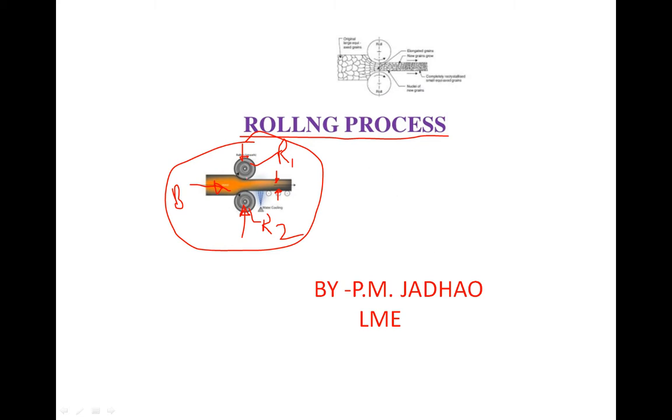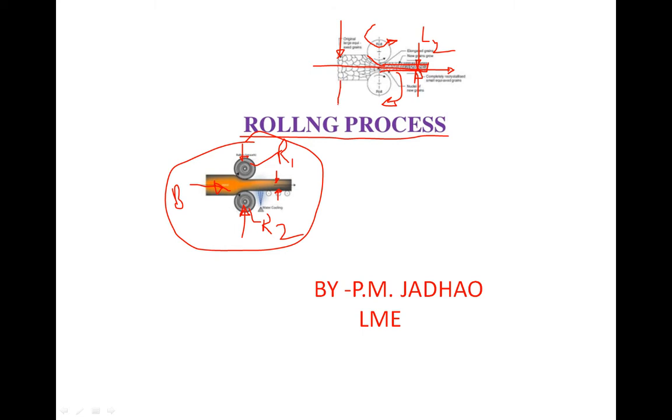In this, the two rollers rotate in opposite directions. If you look, this one is rotating in clockwise direction, so the above roller will rotate in anti-clockwise direction. Then the billet passes through, and there is a reduction in cross-sectional area, a reduction in the width of the billet.